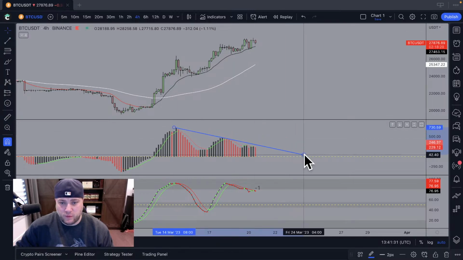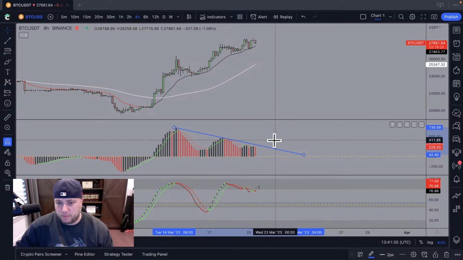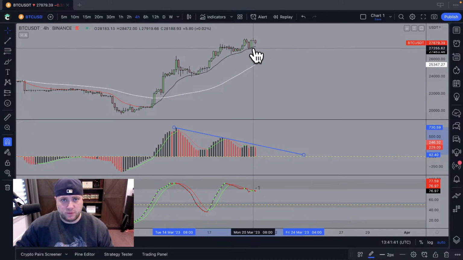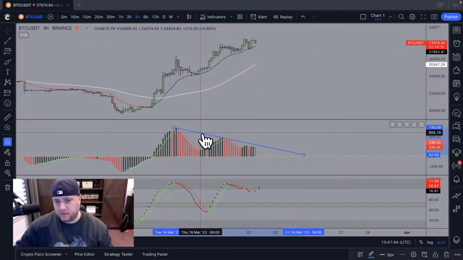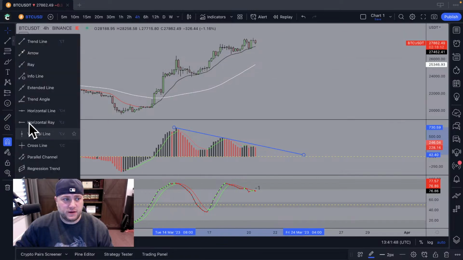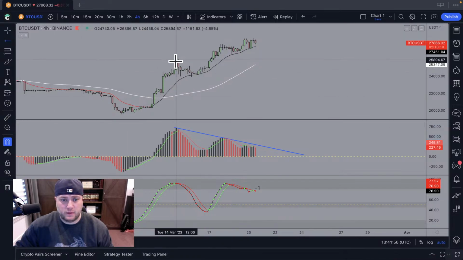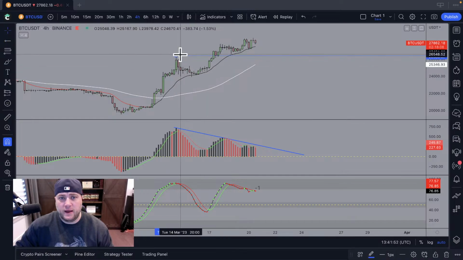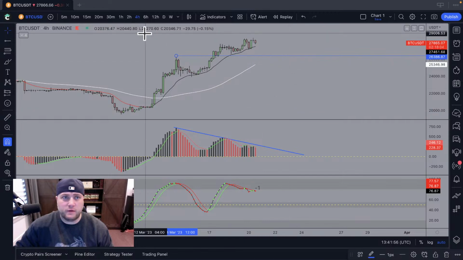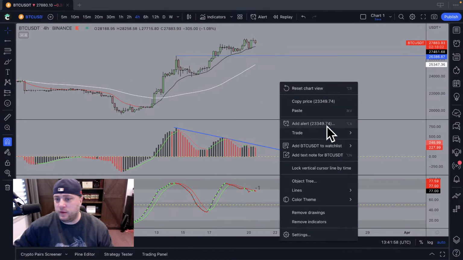So either we're going to break above this and go long and make a new higher high, or we're going to break down below this line. So we can clearly have a divergence, and that divergence is right there. Everything above this line, we'll try to come back to that line. So that's something to keep in mind on the 4-hour chart.